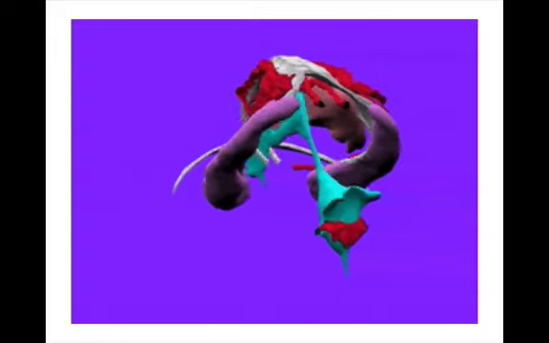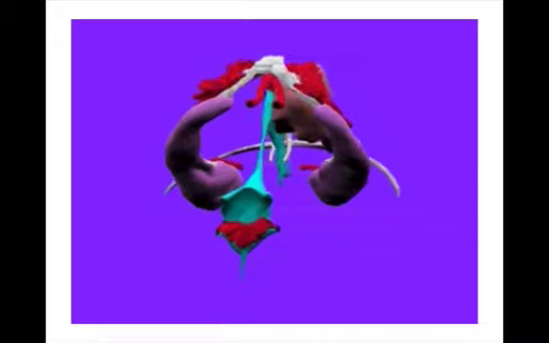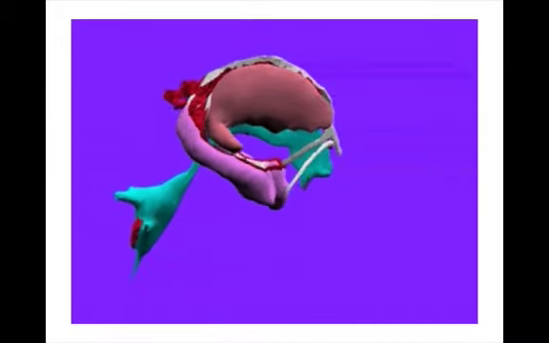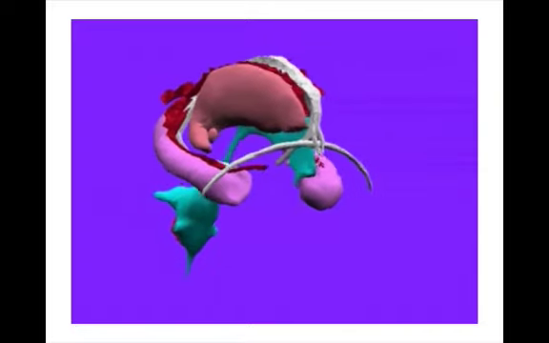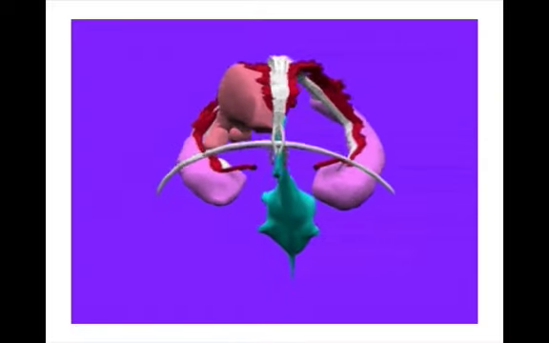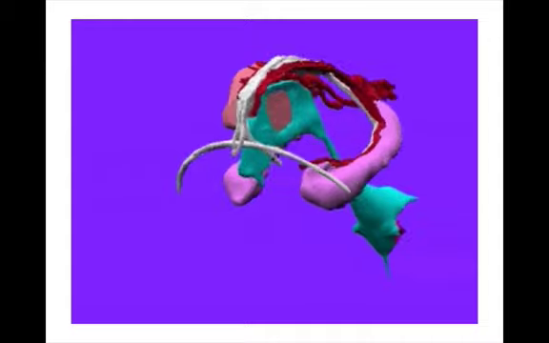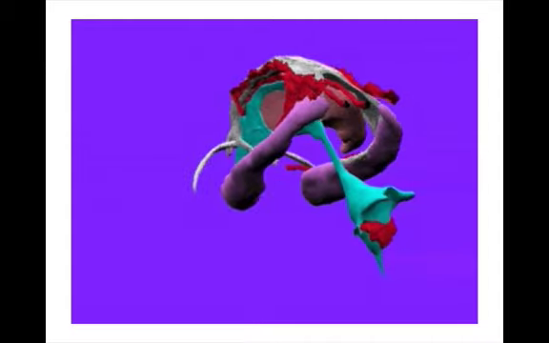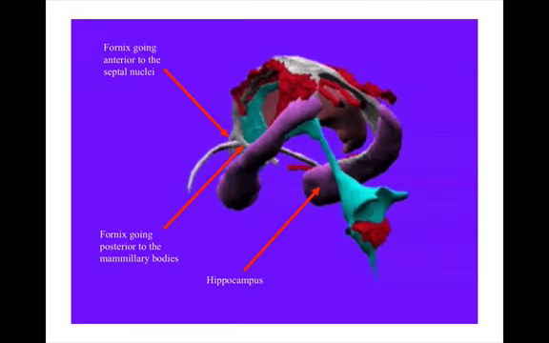And at its end, the fornix branches, with two paths going anterior to the left and right septal nuclei in the basal forebrain, and two paths going posterior or backward to the left and right mammillary bodies in the hypothalamus. So there's very heavy communication from the hippocampus to these two structures, the septal nuclei and the mammillary bodies.